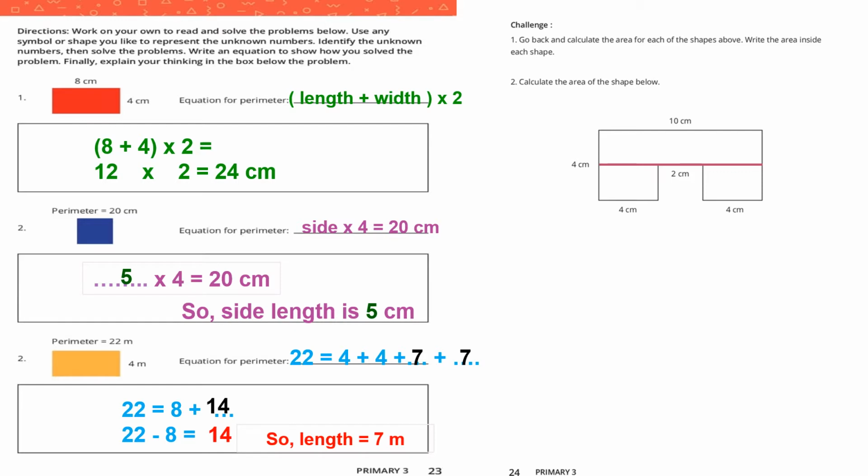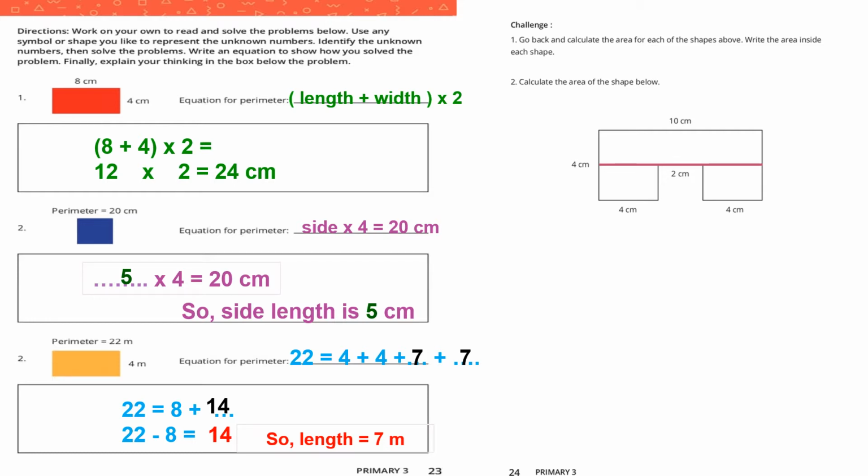I will leave this as homework for you. You can find the area of the rectangle, length times width, and the area of the square, side times side. You can solve it by yourself. But number 2, I will solve with you.